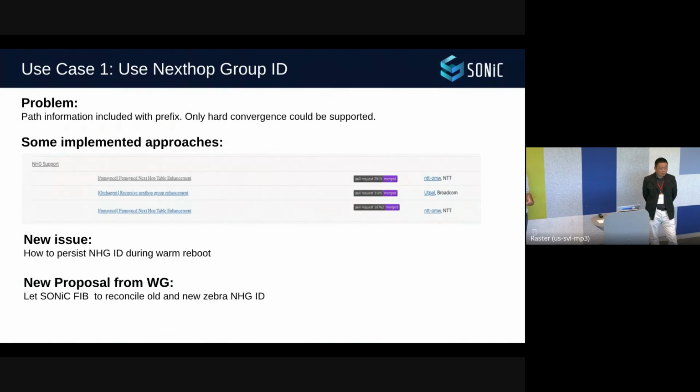Therefore, if your path list underneath changes, you can just update that next hop group information. It's a single update coming down, and you don't need to reapply a million entries into your forwarding path. So that was the approach we took on that.